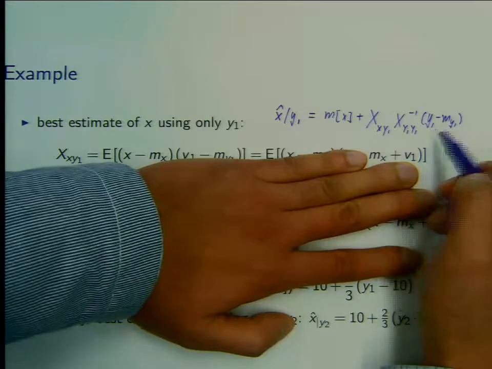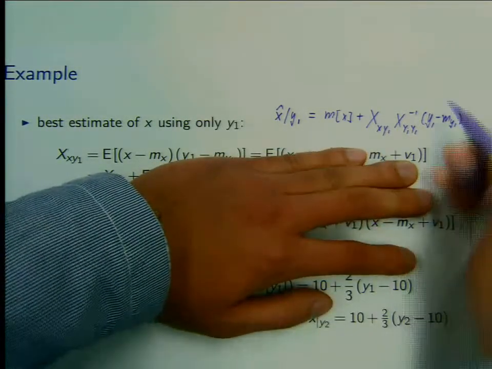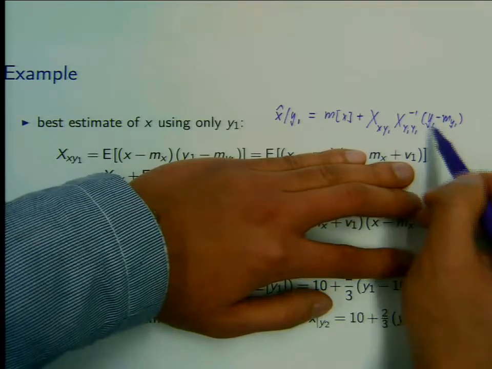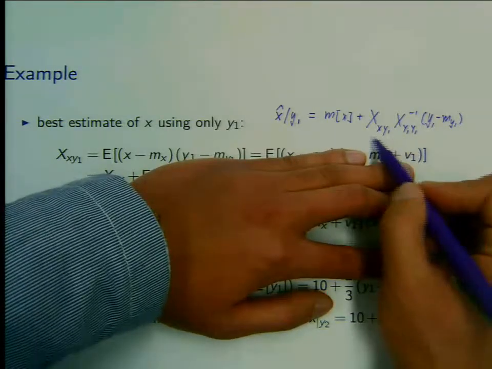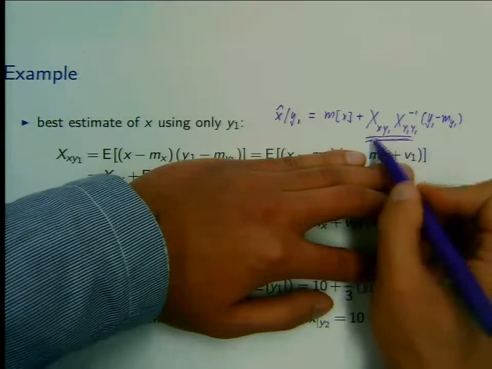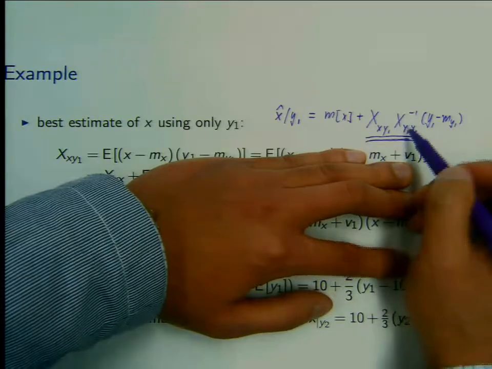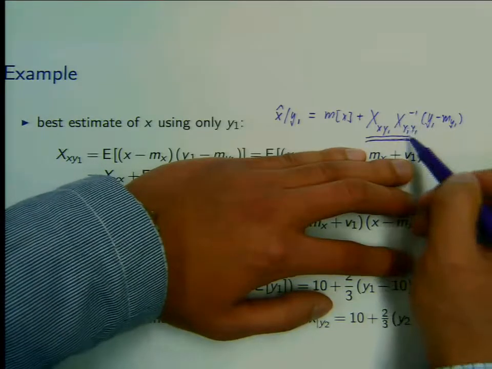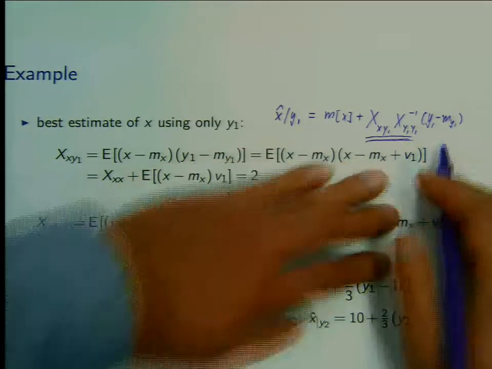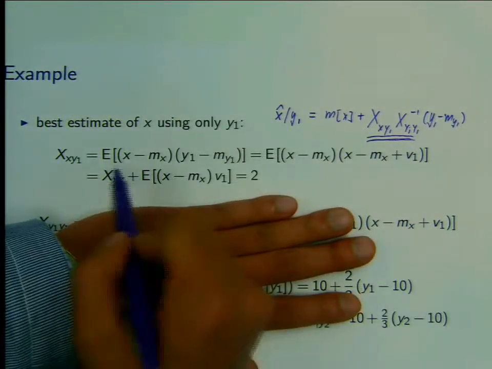Because y1 is random, we're going to need these quantities: the cross covariance between x and y1, and the covariance of y1. These can be very easily obtained, just following the definition here.